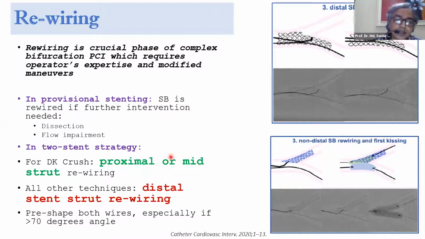In two-stent strategy, especially for DK crush, we also have to rewire properly, and properly means from the proximal or the mid strut, while in all other techniques we do the rewiring through the distal stent strut. This is one of the rules which we have to remember and try to implement properly to make a bifurcation PCI beautiful.